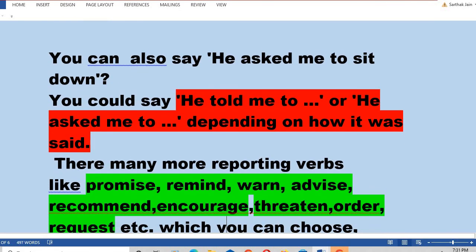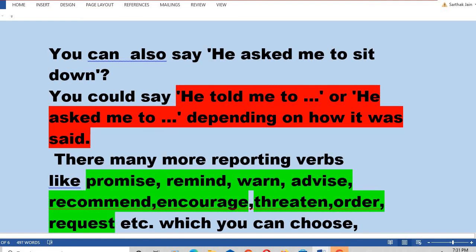Okay, now you can also say, he told me to sit down. He asked me to sit down, he told me. Or it depends upon the tone of the speaker. Many times you feel that person is ordering you, then you will say, he ordered me to sit down. Many times you feel that person is requesting, then you will say, he requested me to sit down.